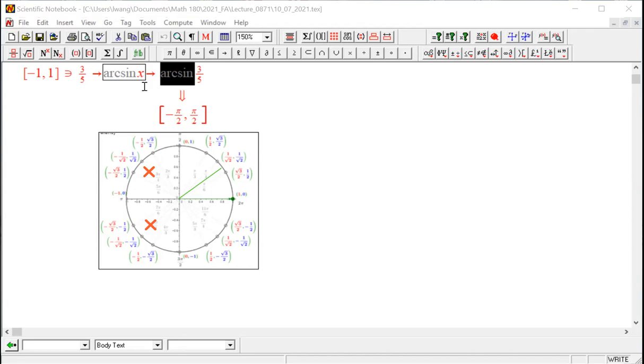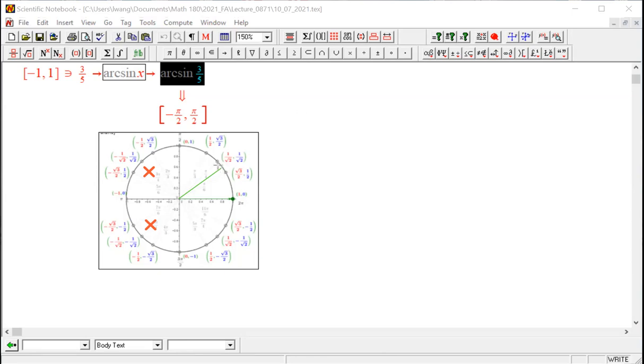And now this angle, which we don't know, but we know because it's arcsine 3/5. So when we draw the terminal side, even though this is not a special angle, there's a point on the unit circle. Let me draw that point on the unit circle. Wow, that green color is not that visible.